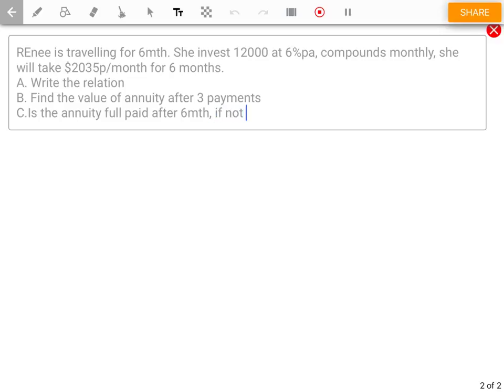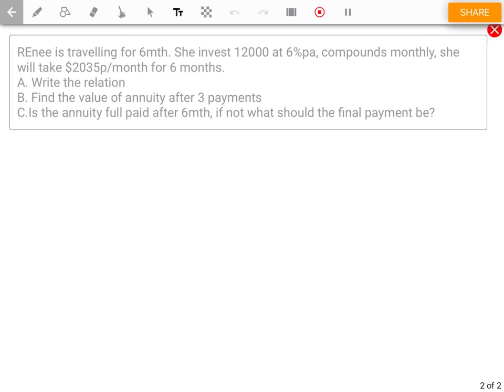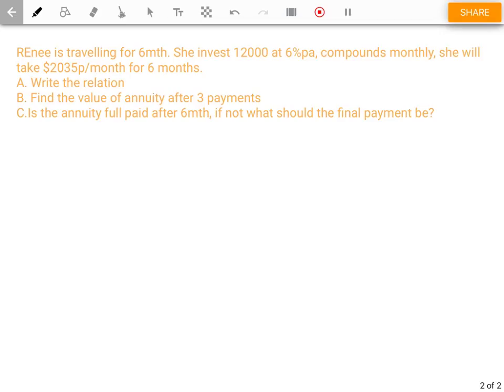If not, what should the final payment be? It'll either be more or less than the $2,035 that she's originally drawn down. Let's crack on with that.